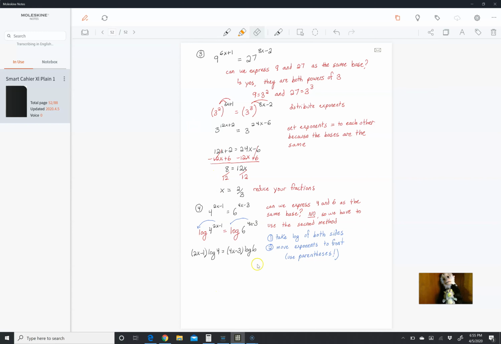Our next step is to divide both sides by one of the logs. It doesn't matter which one, okay? I would just do whichever one might be easier to do multiplication with in the end. It doesn't matter.